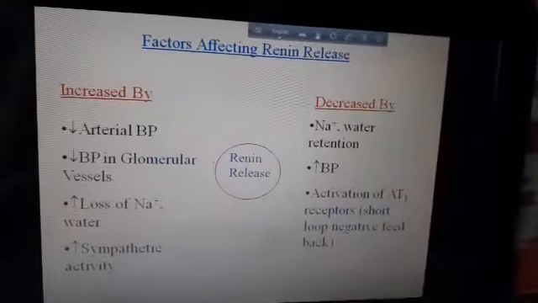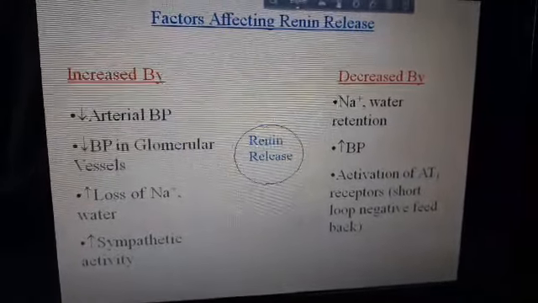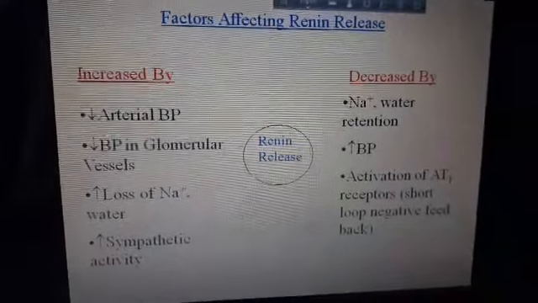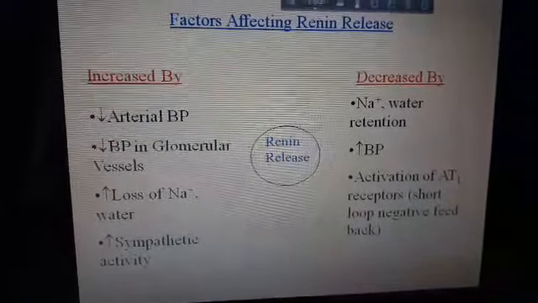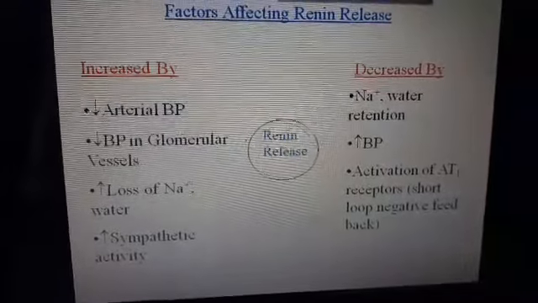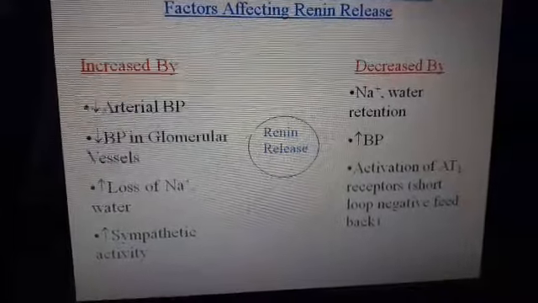Now there are factors affecting renin release. The renin angiotensin system tries to conserve salt and water in our body. So when there is a chance of depletion of salt and water, the renin system is activated, and when there is excess salt and water retention and increased BP, there is a decrease in renin angiotensin activation.